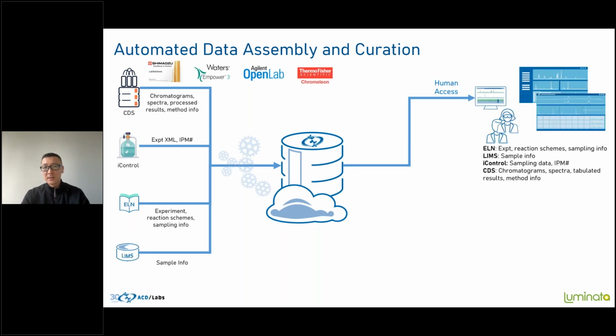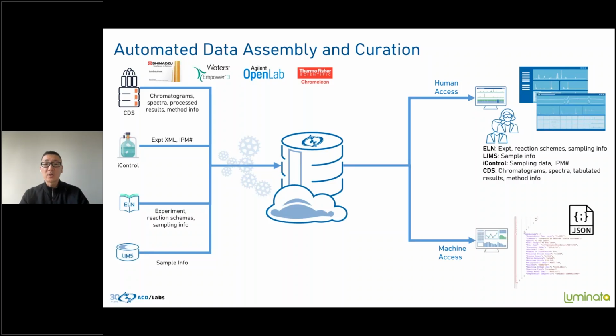The users, the scientists in the lab, have access to that data. They can query by ELN experiment numbers, LIMS number, iControl sampling number, as well as any of the metadata that's been extracted from the CDS system. They'll be able to review that data, and also reprocess it if they want to.